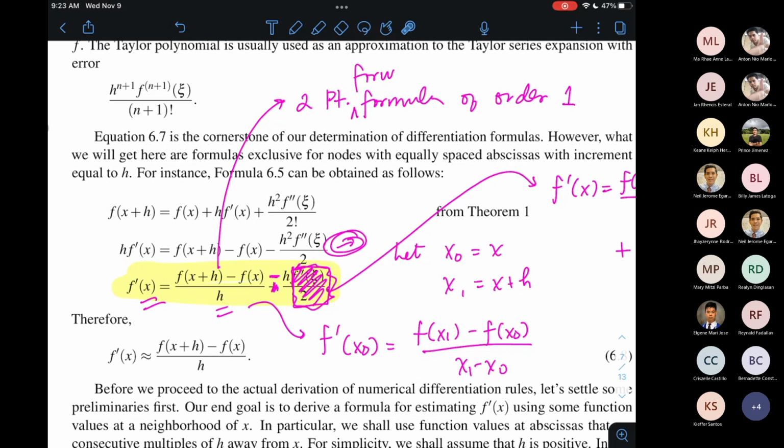Then you will see that you will have some degrees of freedom. Pwede kang magbigay. Ano yung coefficient na gusto ko? Halimbawa, 17, my favorite number. I'll use that. So I'll come up with my unique differentiation formula. But it will follow a certain order. Malalaman natin gaano kabilis mag-zero yung error. But that would be for next meeting and something to look forward to para sa lab exercise on Monday. Okay?